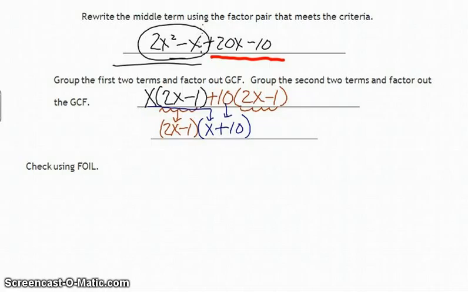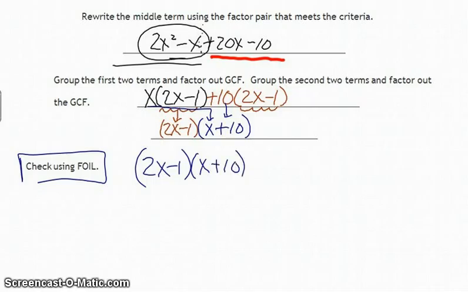Let's check it using FOIL. So 2x minus 1, x plus 10: 2x squared plus 20x minus x minus 10.